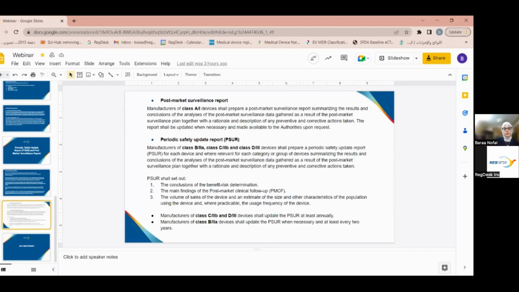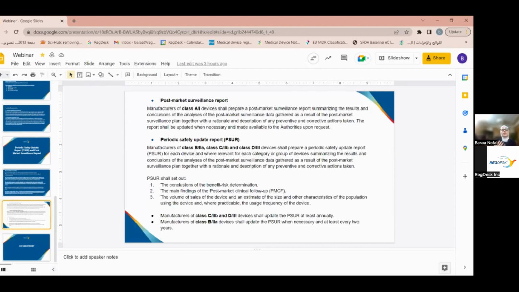For example, for the post-market surveillance report, manufacturers of class 1 and class A, as in Saudi FDA, need to submit their surveillance reports, whereas classes B, 2A, and classes C or 2B, classes D and 3, need to submit the PSUR, and the PSUR shall set out the conclusion of the benefit risk determination, the main findings of the post-market clinical follow-up, PMCF, and the volume of sales of the device and the estimate of the size and other characteristics.